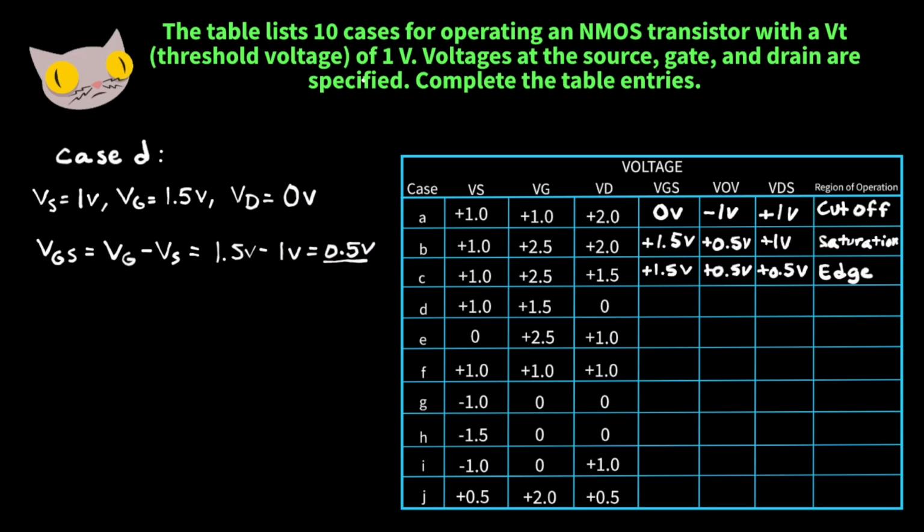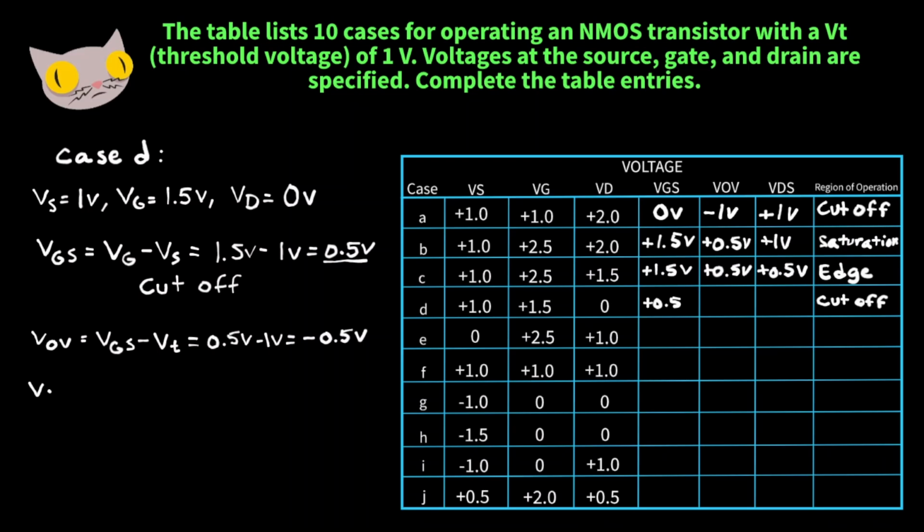This is less than our threshold voltage, which means that we're operating in the cutoff region. Now let's find our overdrive voltage. That's going to be VGS minus VT, 0.5 volts minus 1 volt, giving us negative 0.5 volts.